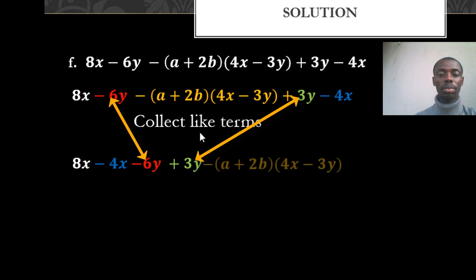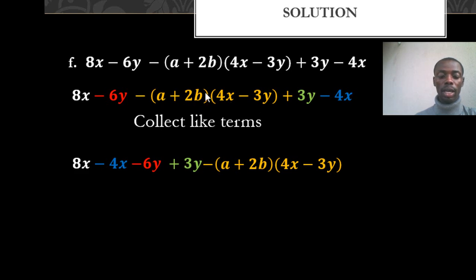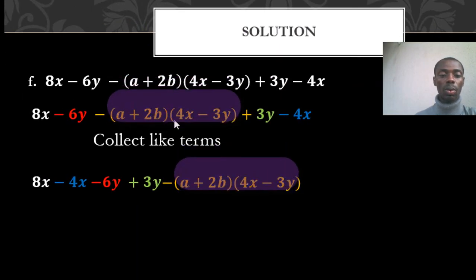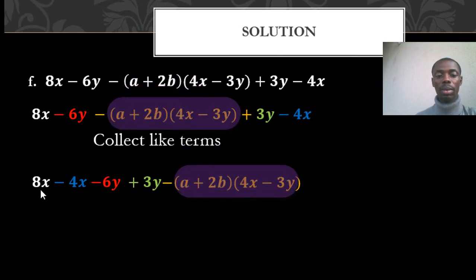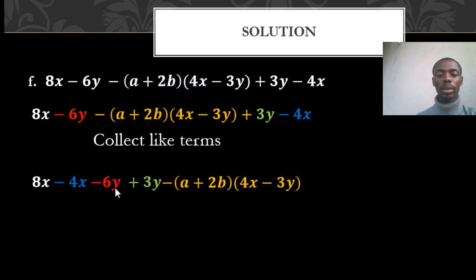Then before I have minus everything in gold, because everything in gold is one term. They are bound together by this bracket, but the others are not bound. They can stay on their own. That's why the gold is one term.